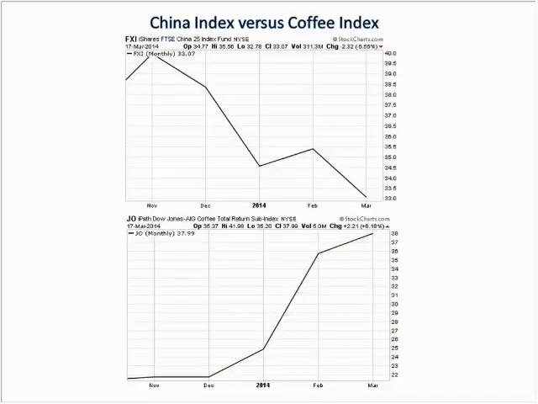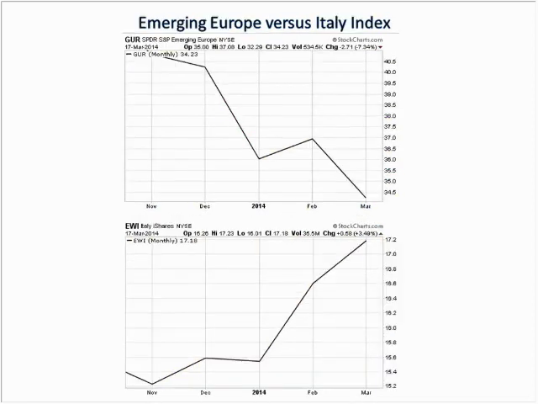Here's another example. The China ETF is in a bear market in this situation, and the Dow Jones Coffee total return is in a strong bull market. So we have bear markets and bull markets and there's plenty of opportunities to trade using ETFs.